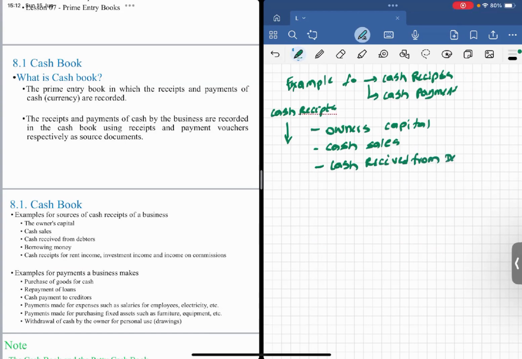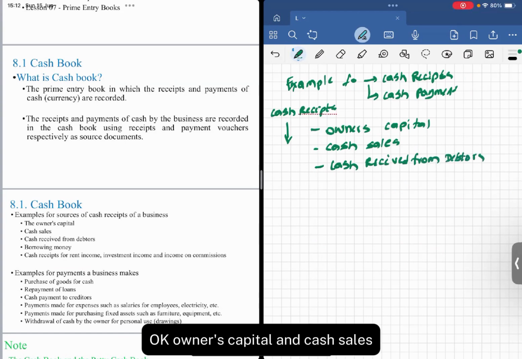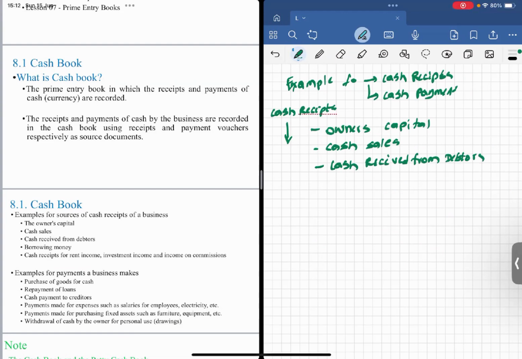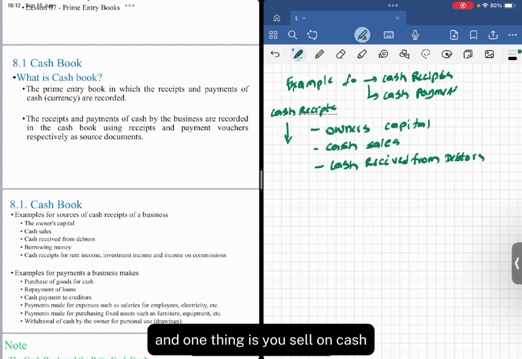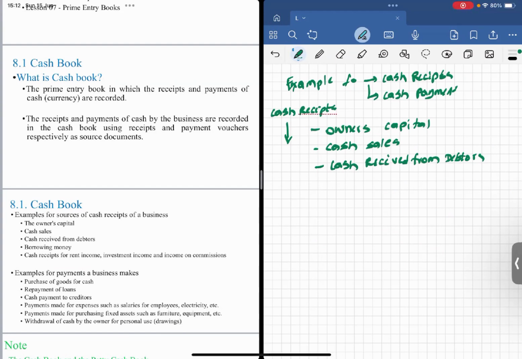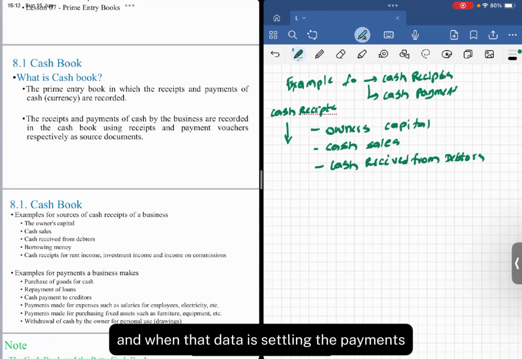One thing is you sell for cash, and the next is you sell on credit. When you sell on credit, it creates a debtor for you. And when that debtor settles the outstanding payment, you receive cash. That is also a cash receipt.